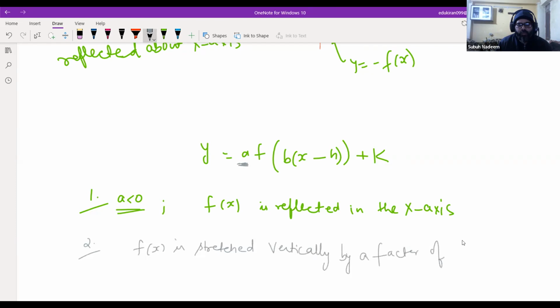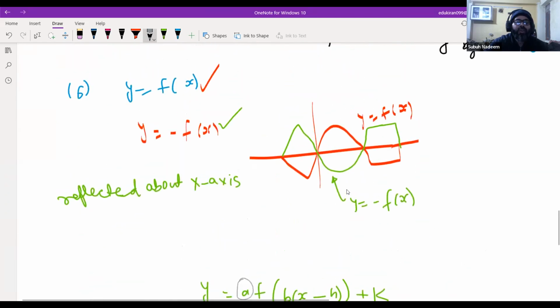So mod a they are generally taking because irrespective of the sign of a, whether it is positive or negative, they are talking about the magnitude. So mod a means the magnitude. So it is stretched vertically. Where is a? A is multiplied with the output. So this a, when multiplied to this function outside, it is stretched vertically.